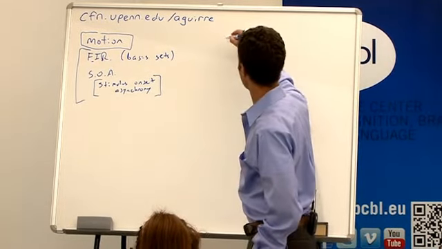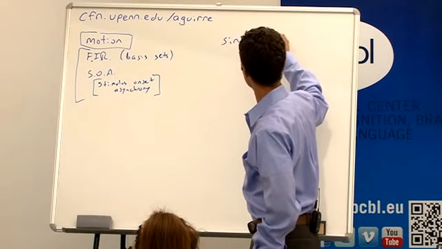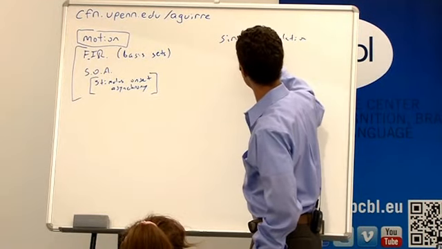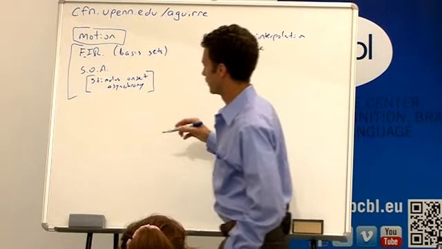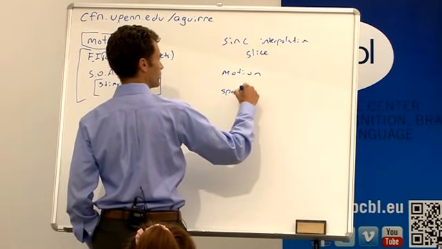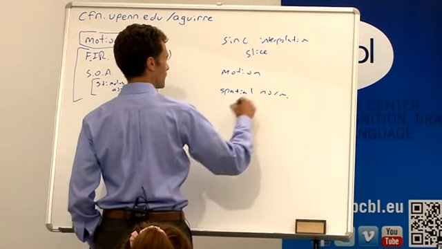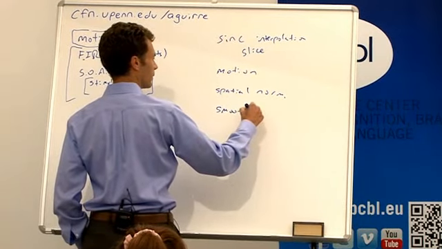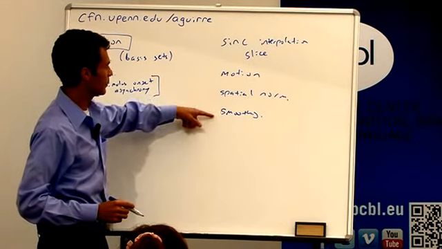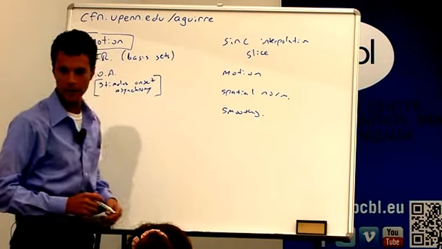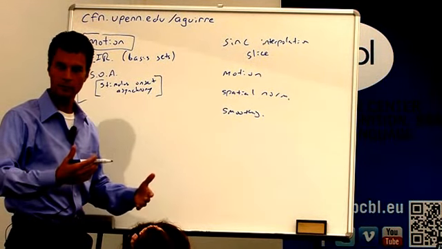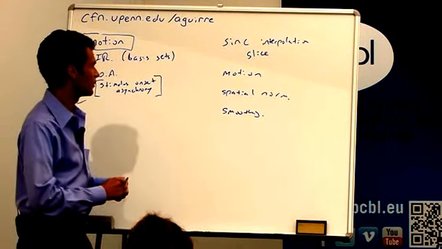Some of the things included in there are sinc interpolation for slice timing, motion correction, spatial normalization, smoothing, and so on. Let's have a basic understanding of what these things are, and then we can talk about what some of the issues are that come up and in what order to do them, because this is often a topic of some debate too.